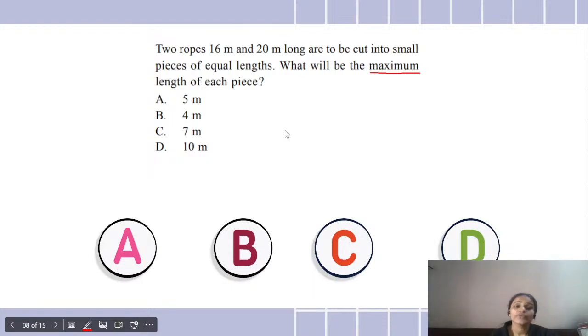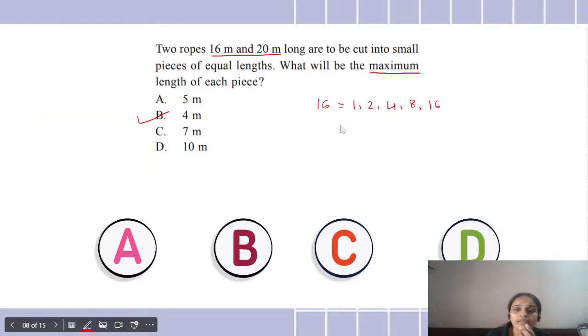Okay. So I would say answer B is absolutely correct. As Satish said, we have to find the HCF of these two numbers, right? Because it is asking the maximum length of each piece. So now what are the factors of 16? We start with 1, 2, 4, 8, and 16.